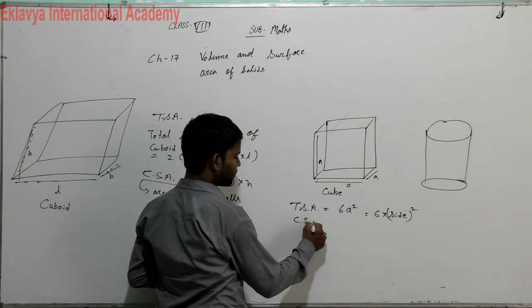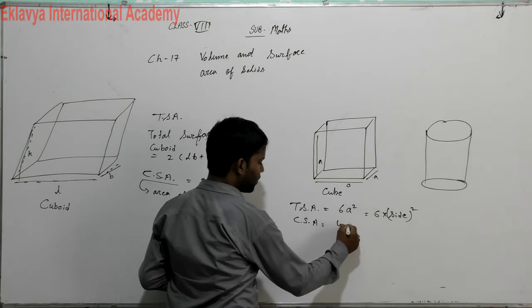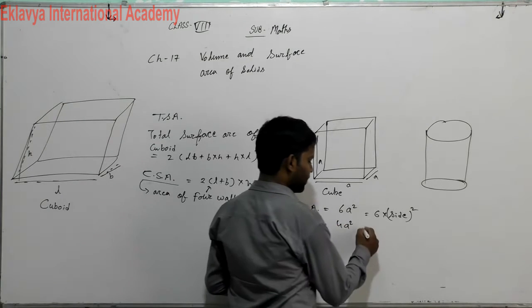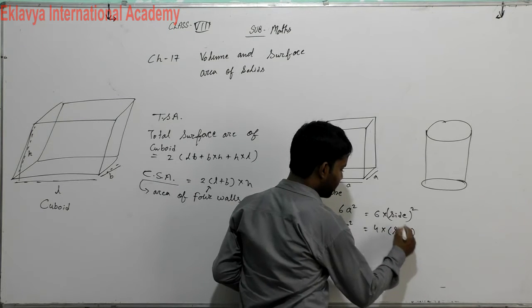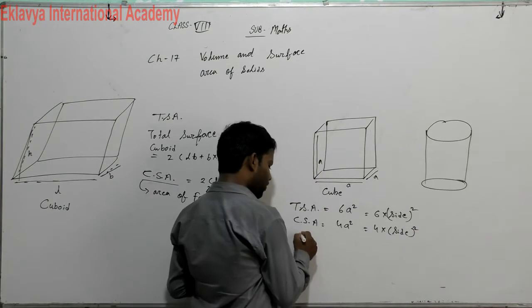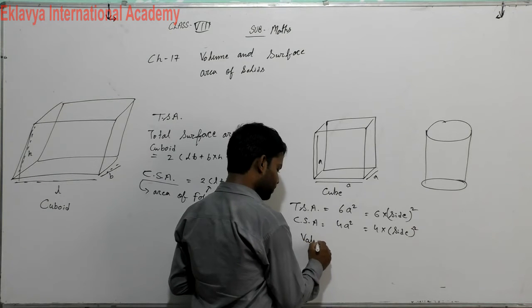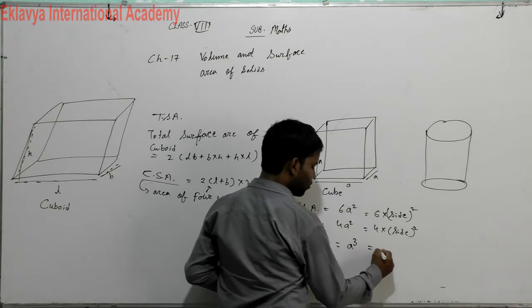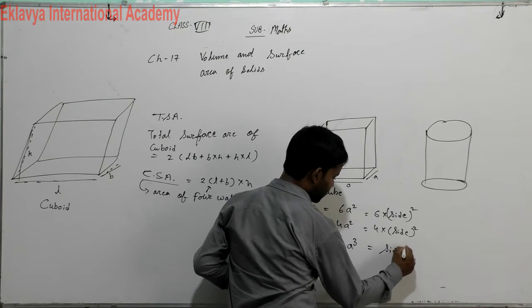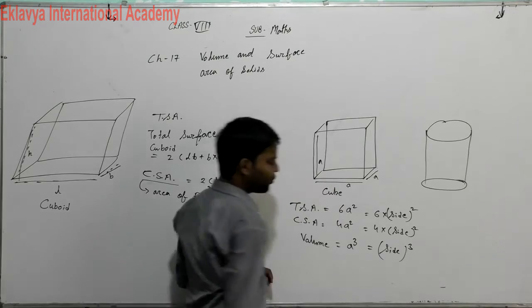CSA is 4A square, meaning 4 multiplied by side square. If we want to find volume, then the volume of the cube is A cube, meaning side cube.